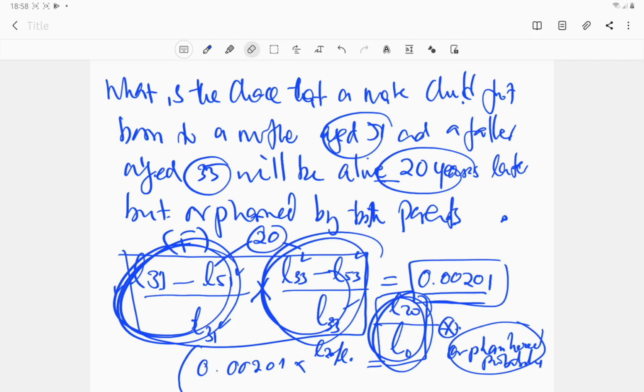There is again an abridged life table there, and if you don't get this right, go back to your notes and examine these particular parts so that you can easily understand this.